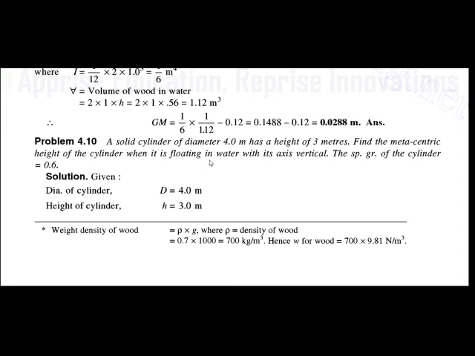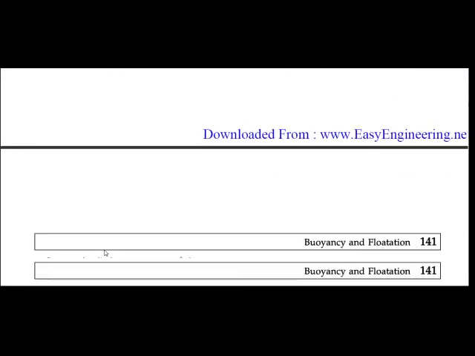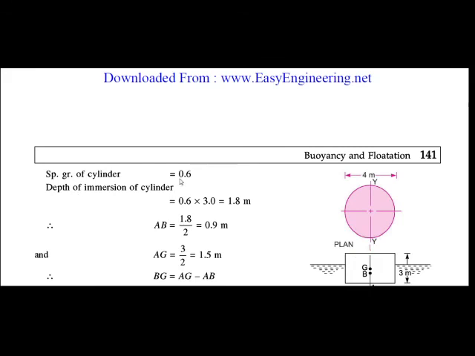The specific gravity of the cylinder is 0.6. So what they have given in the example is the diameter of the cylinder is 4 meter and the height of the cylinder is 3 meter. We have to calculate the metacentric height. The specific gravity is 0.6.